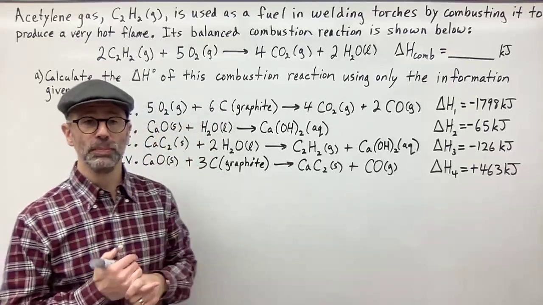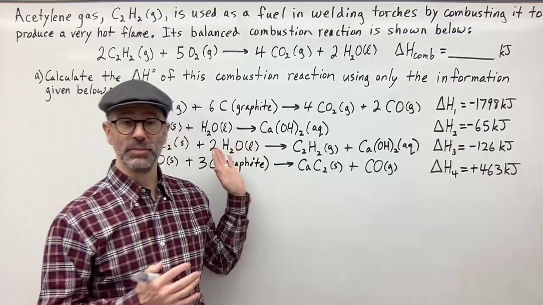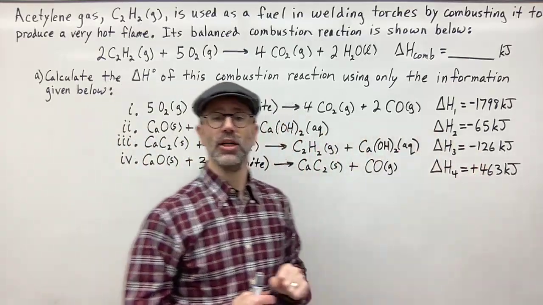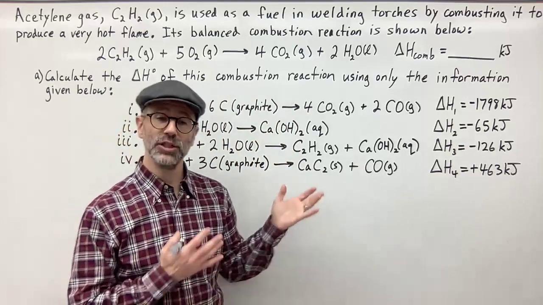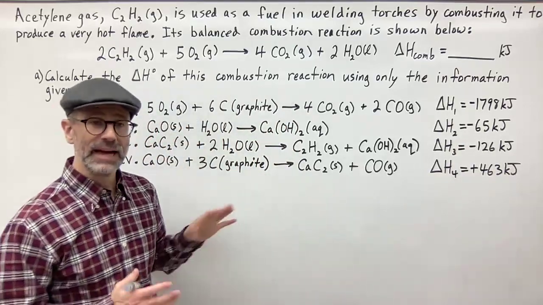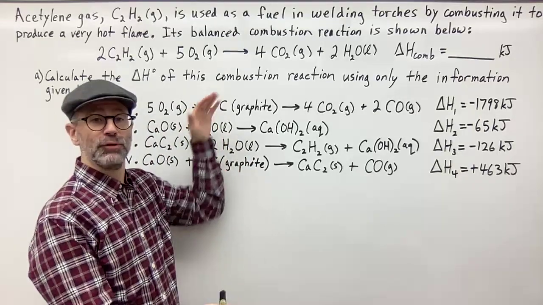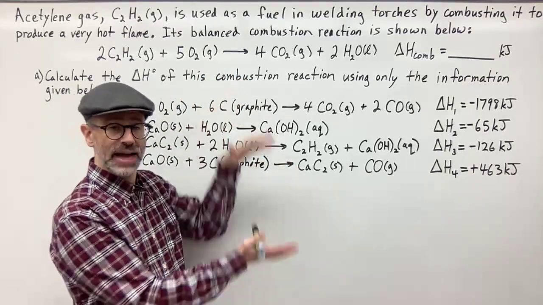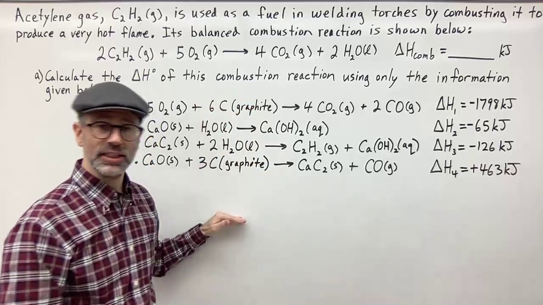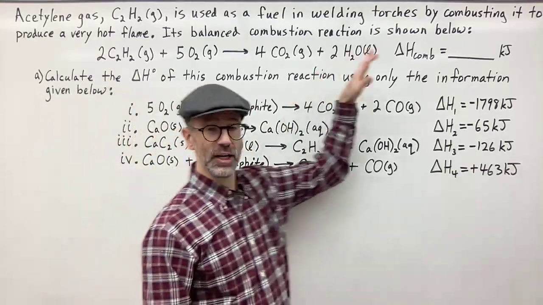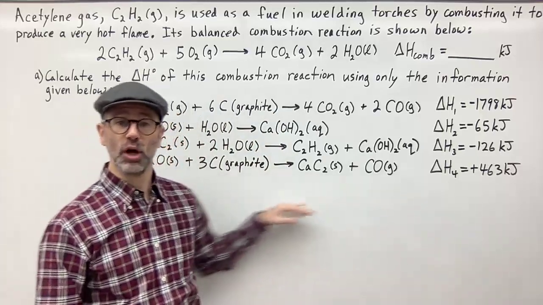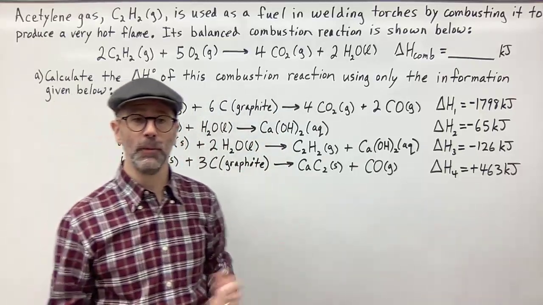Also, if you multiply the equation by some factor, then you have to multiply the delta H of the equation by that same factor. And finally, Hess's law: if any given equations add up to a resulting equation, then you add up the delta H's of those equations to get the delta H of the resulting equation. So that's what we're going to do.